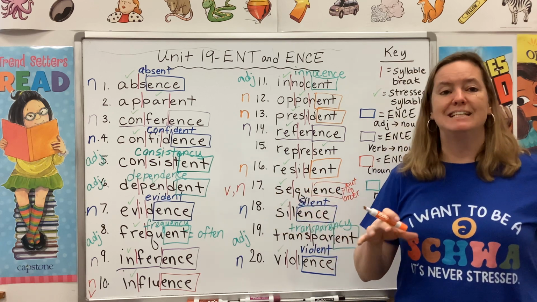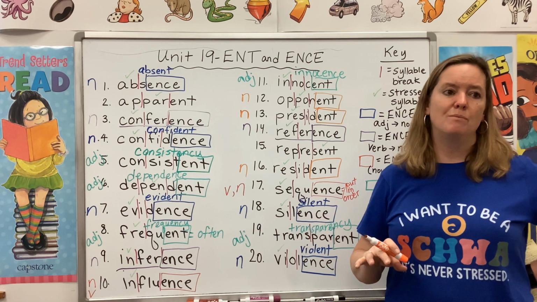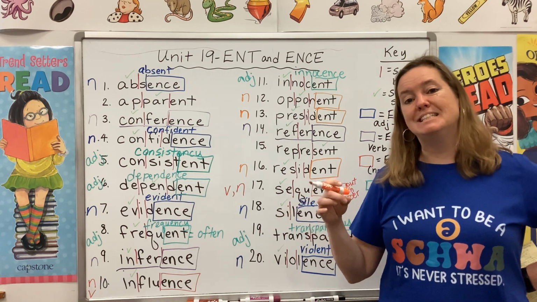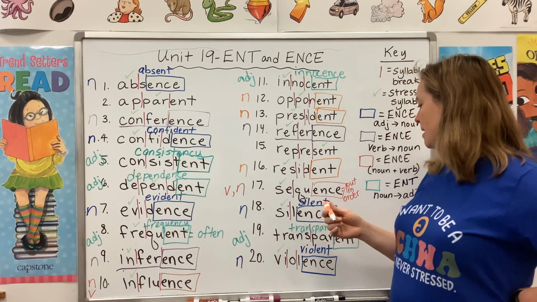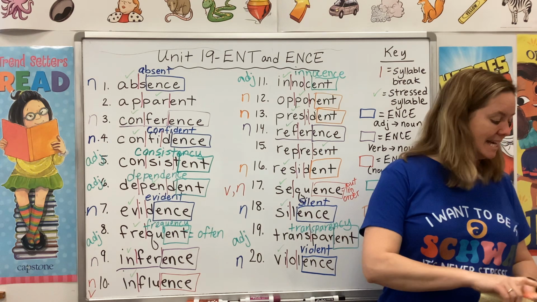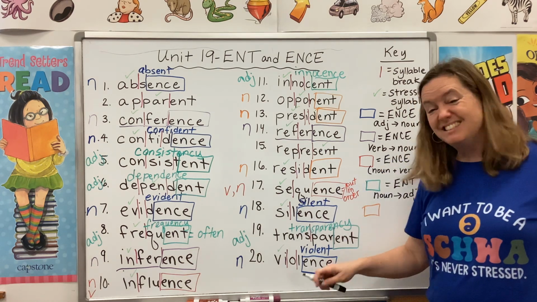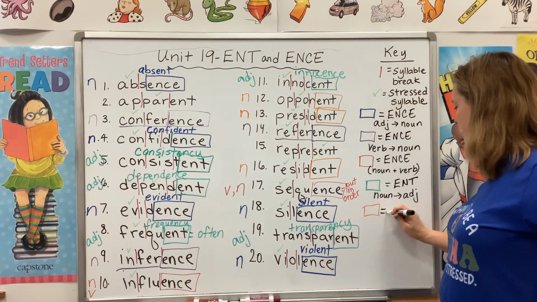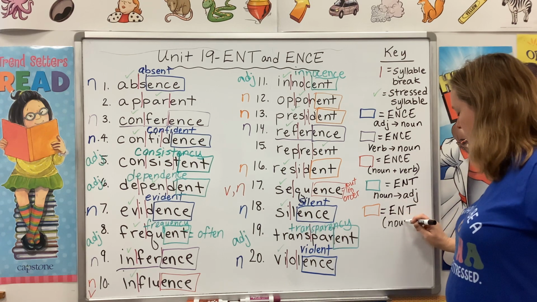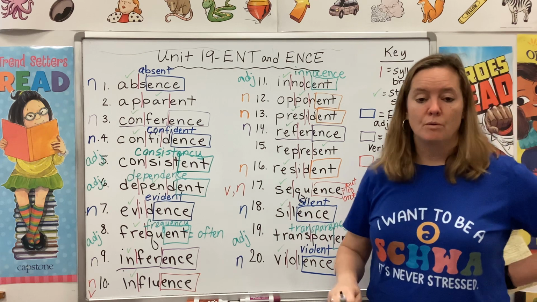Maybe you're a resident of New York City, or maybe you're a resident of Waco, Texas, right? It just means that that's where you live. So in all of these cases, we have an ENT ending that doesn't represent an adjective. It's just a good old-fashioned noun, okay?